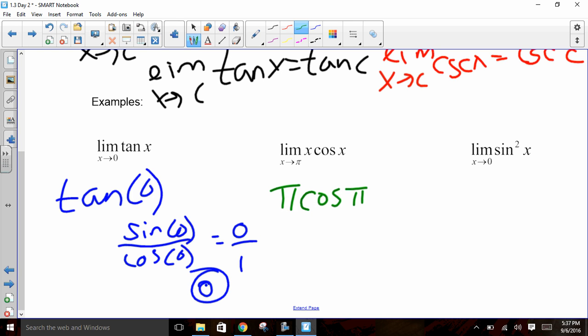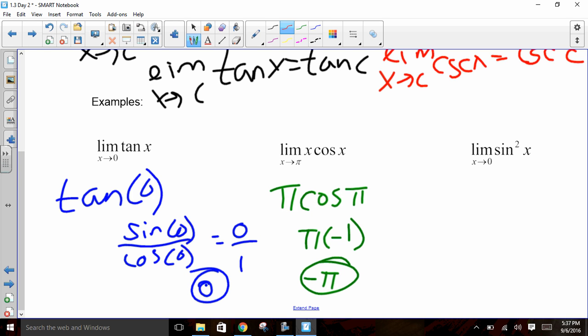So I want the cosine of 180 degrees, which is equal to negative 1. So I have negative 1 times pi, which gives me negative pi. Now, we're going to leave it in terms of pi unless it tells me specifically to change it. It doesn't tell me here, so we're just going to leave it in terms of pi.